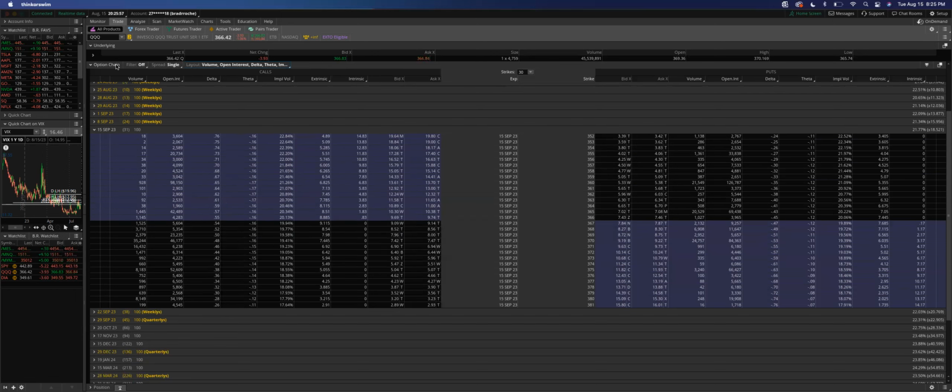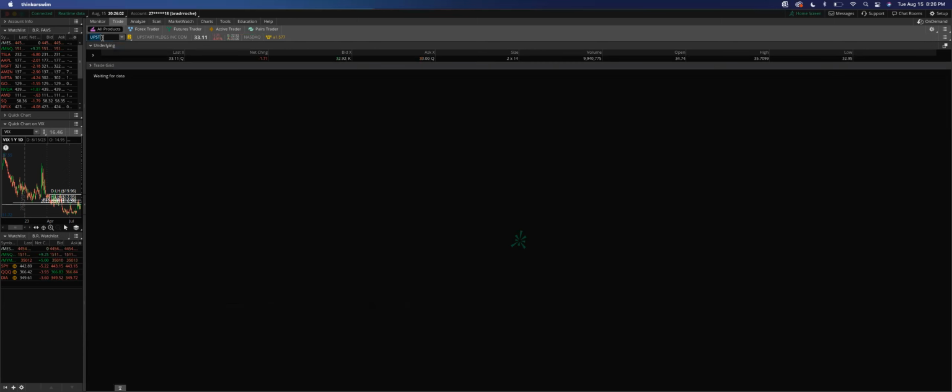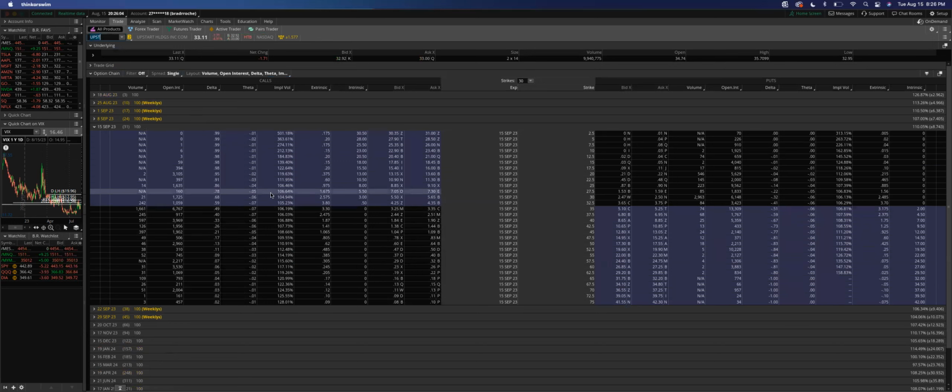Okay, these are obviously under 80%, but if we go look at maybe Upstart, you can see these are at 106. And why this matters is, the implied volatility is part of what prices the options contracts.